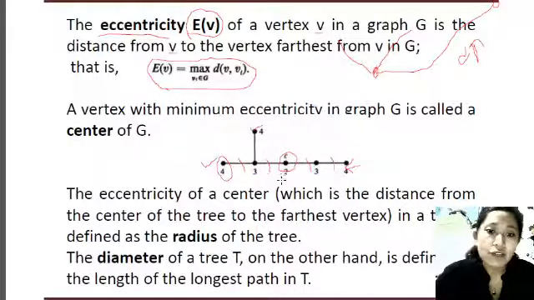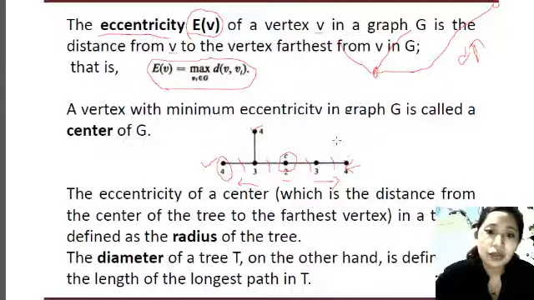Similarly for vertex C, its eccentricity is 2, whether it goes in the right direction or any direction. With all other vertices, the maximum distance is 2. Similarly, for this vertex it is 3, and for this vertex it is 4.